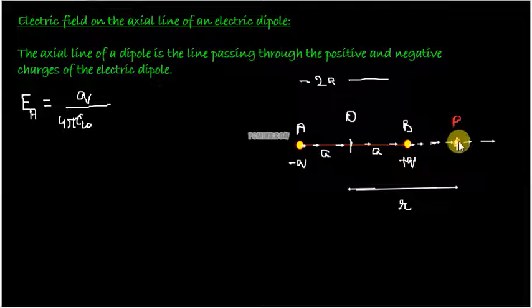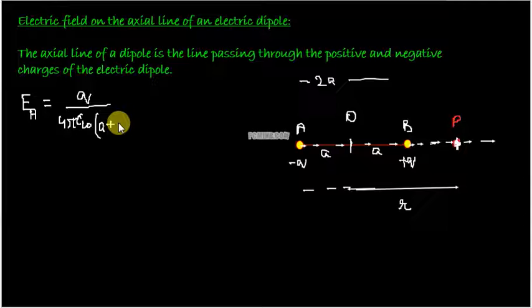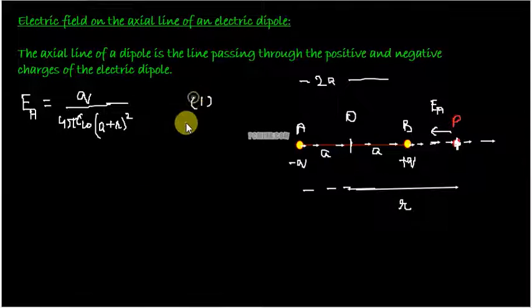The distance of point P from A is r plus a. So EA is Q upon 4 pi epsilon naught (r plus a) whole square, and because it's due to the negative charge, it is directed towards the charge, that is, towards the left. We can mark this as equation 1.